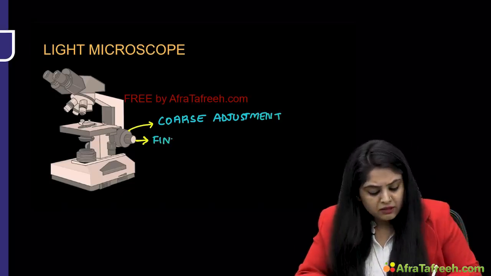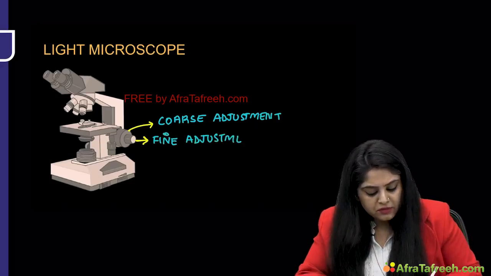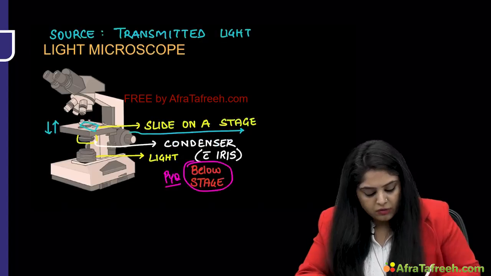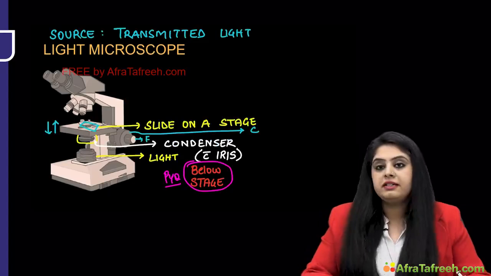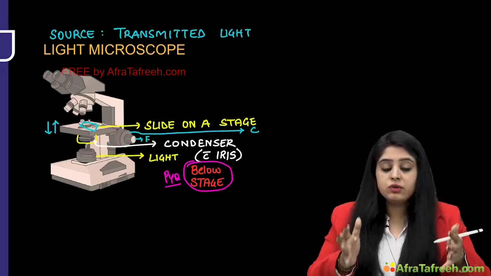And the fine one, the small one, is going to help in fine adjustments, right? So coming back, the big knob is going to be the coarse adjustment and the small one is going to be the fine adjustment.